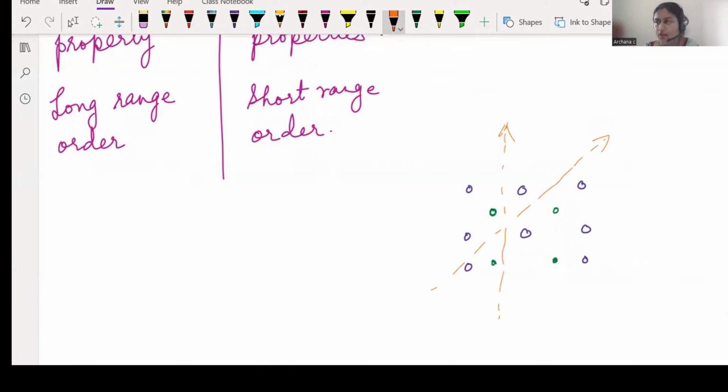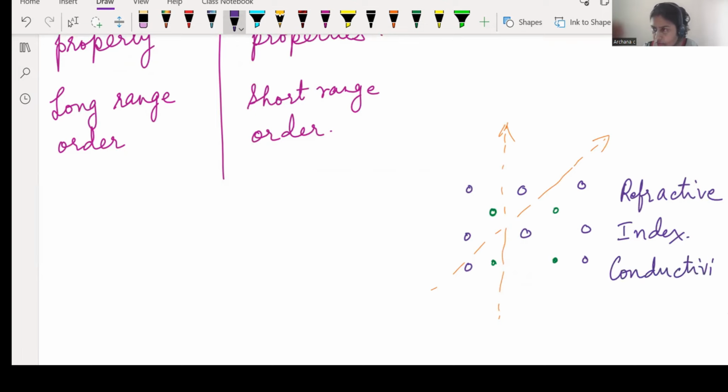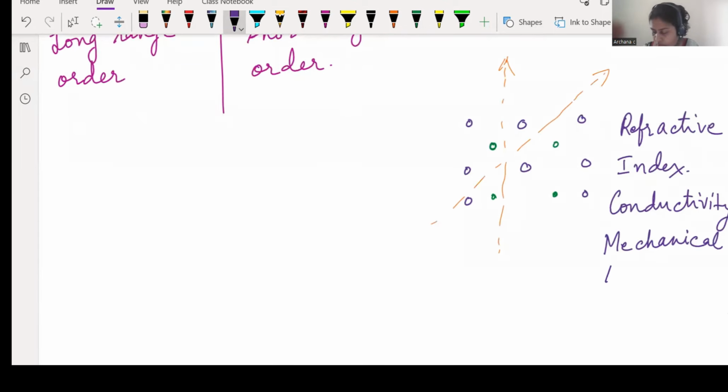That means if we speak about the various properties like refractive index, conductivity, thermal and electrical both, mechanical strength, all these properties are different in different direction.